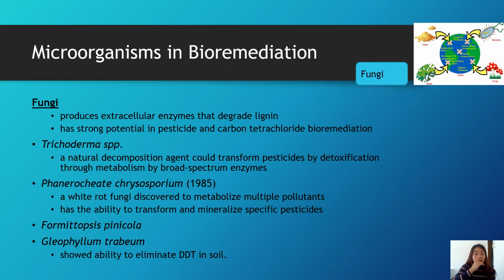Next we also have fungi. They produce extracellular enzymes that degrade lignin, and fungi are actually better degraders than bacteria due to their characteristics, such as specific bioactivity and their growth morphology.